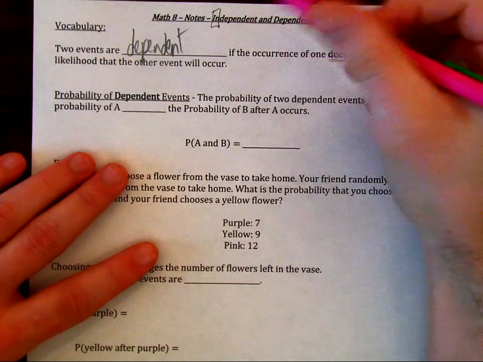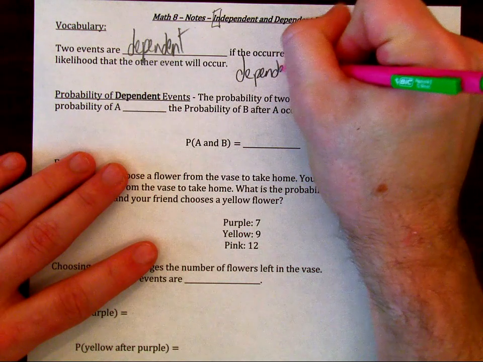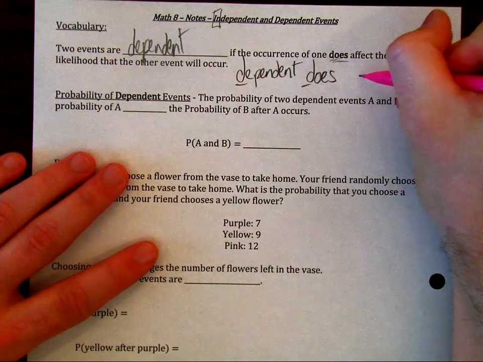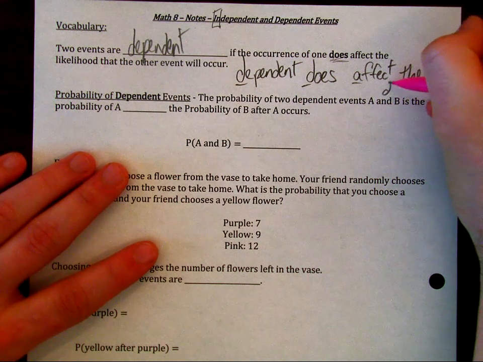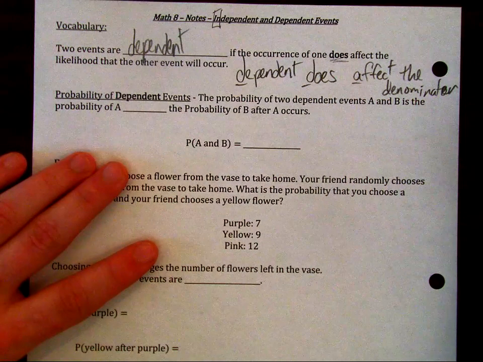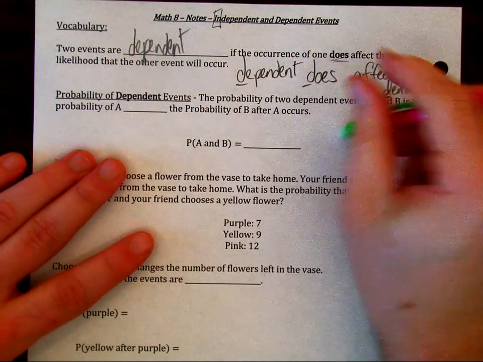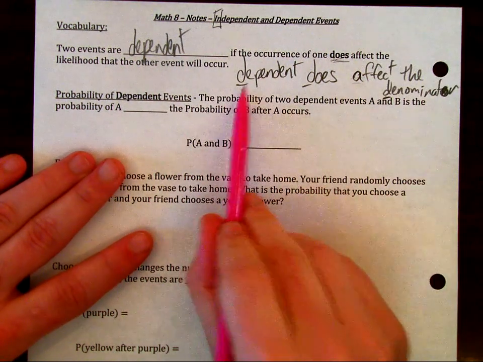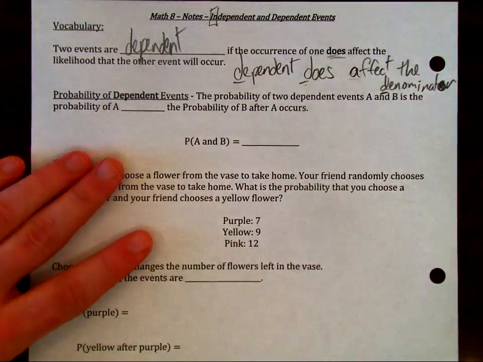We say dependent, I underline the D, does affect the denominator. So make sure you can write that down for yourself, and we're saying, okay, dependent does change or does affect the denominator. And you guys will see that shortly here. But I just kind of have that written down for myself as an easy reminder.